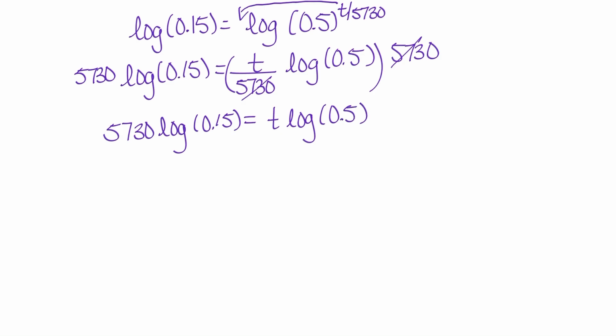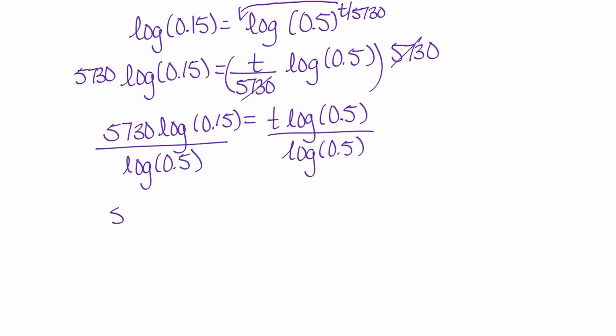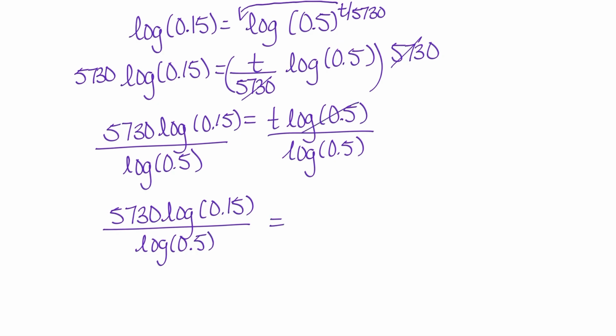So now to get T by itself, all I need to do is divide both sides by the log of 0.5. So when I do that, I get 5730 log of 0.15 over the log of 0.5 equals, and then here these two cancel, so that equals T.